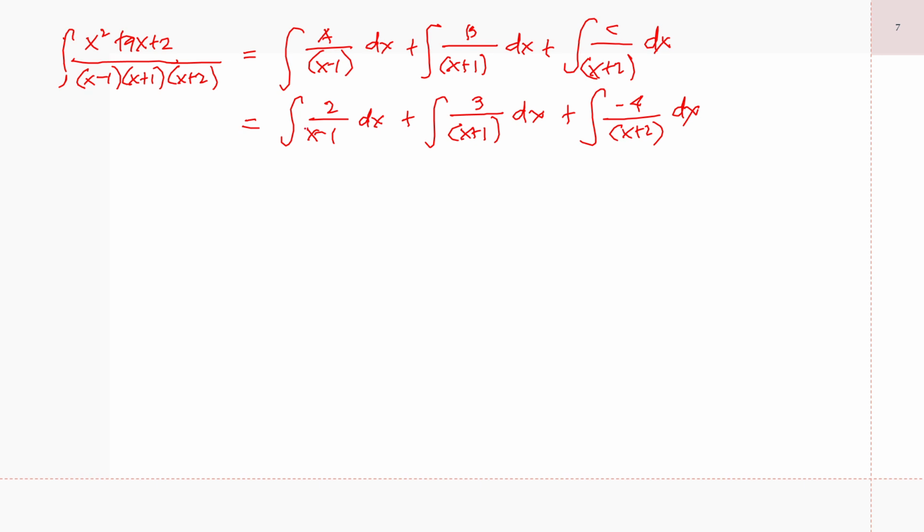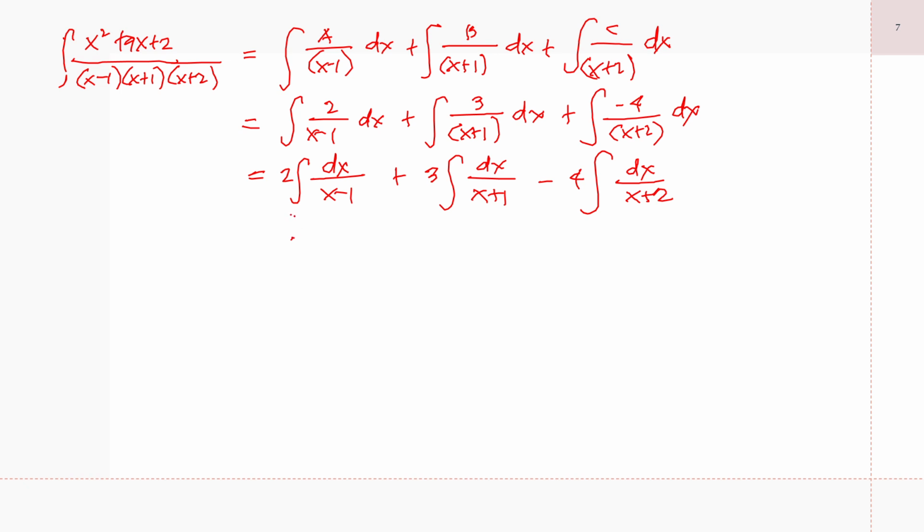So we put the constants at the left of the integral sign: 2 times the integral of dx over x minus 1, plus 3 dx over x plus 1, minus 4 times the integral of dx over x plus 2.